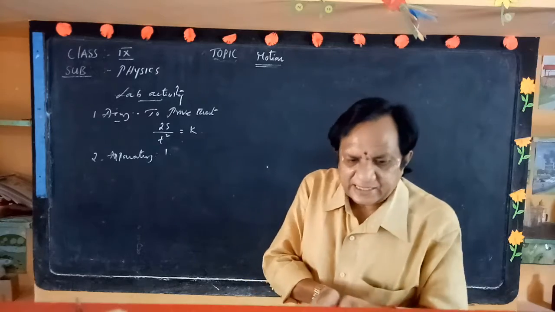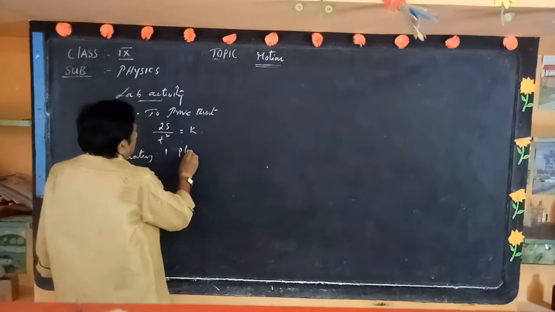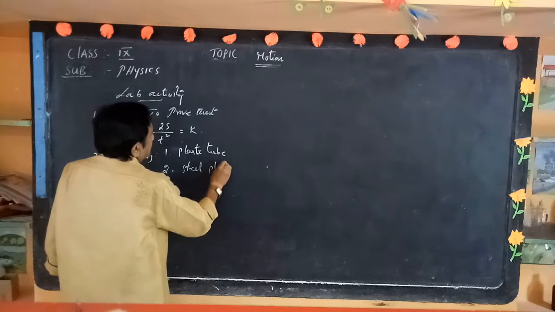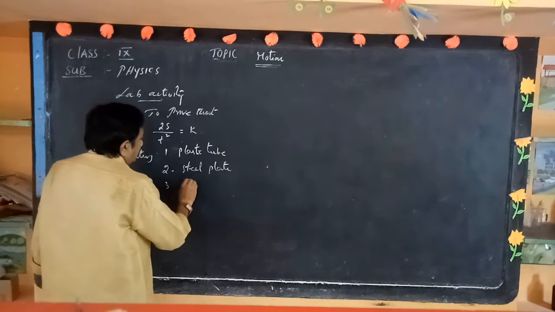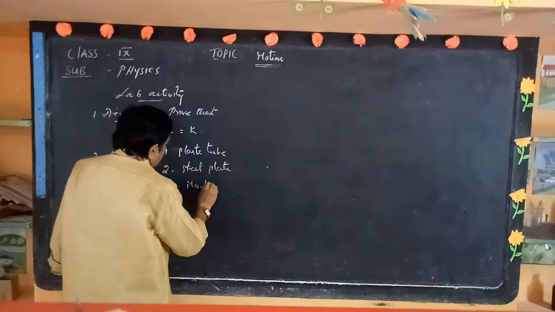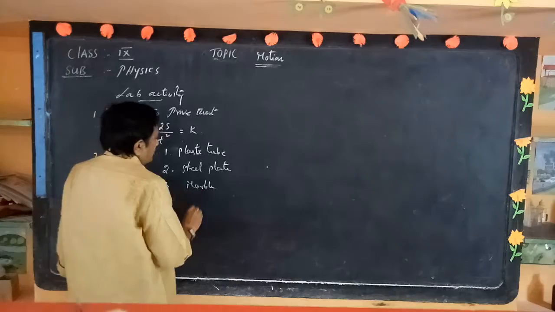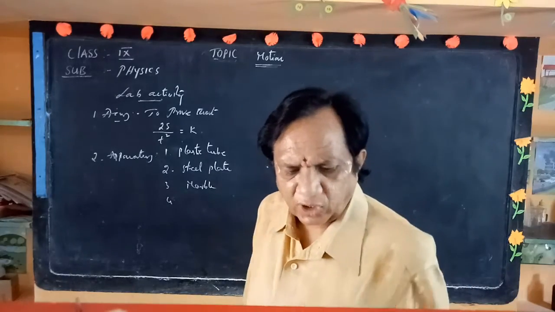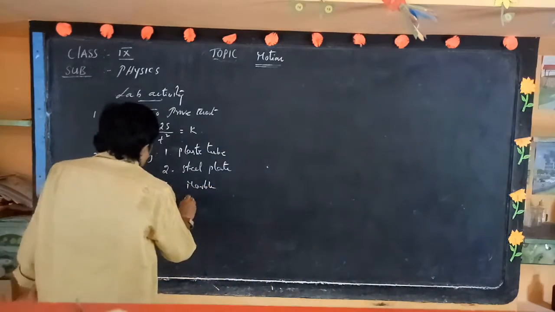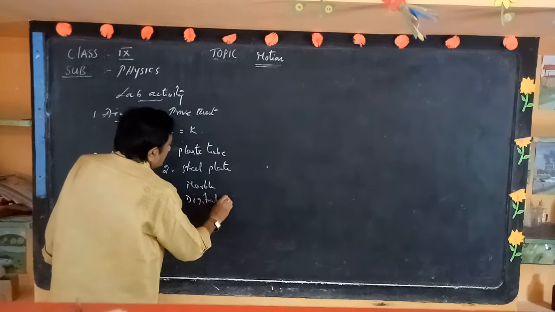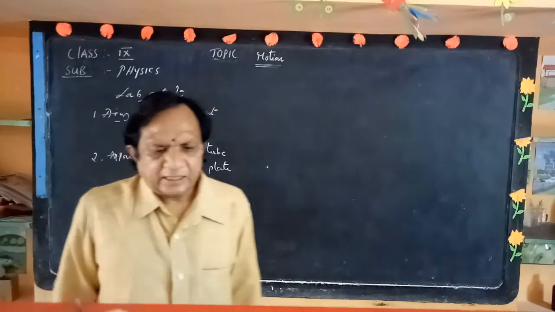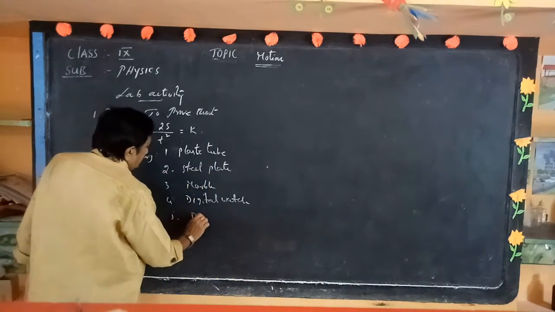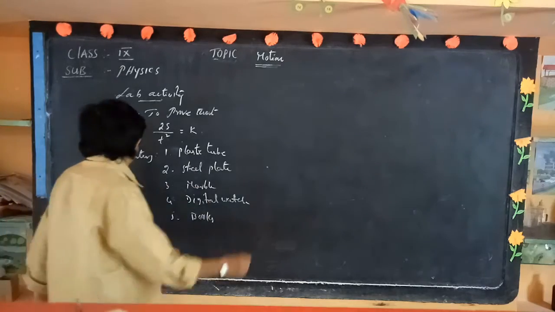So such a plastic tube to be considered, and one steel plate and one marble, and a stopwatch or digital watch to be taken, and to make a slope, prepare some books. To make an inclined plane, we can use these books.